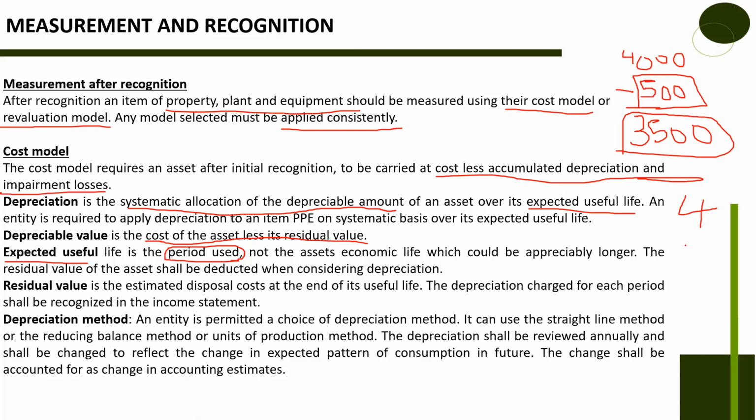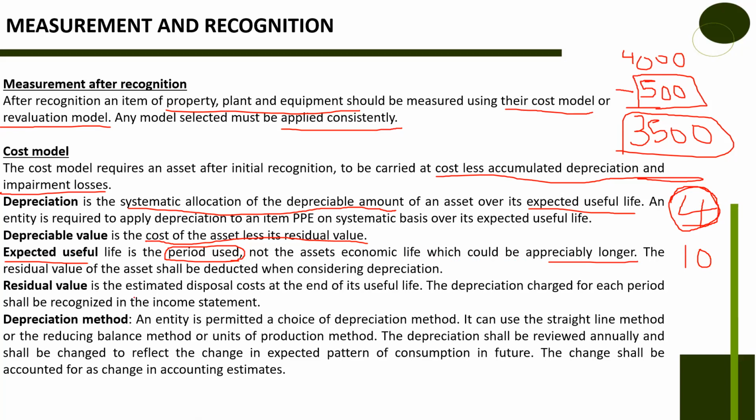The life of the asset might actually be 10 years. Do you understand? This is just an accounting estimate that you have done. I want to do that for 4 years, but the asset may last 10 years, right? So the asset's economic life could be what? It would be longer. That is what we mean when we use expected useful life.